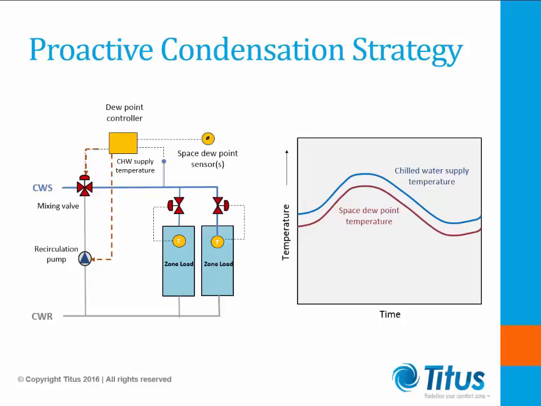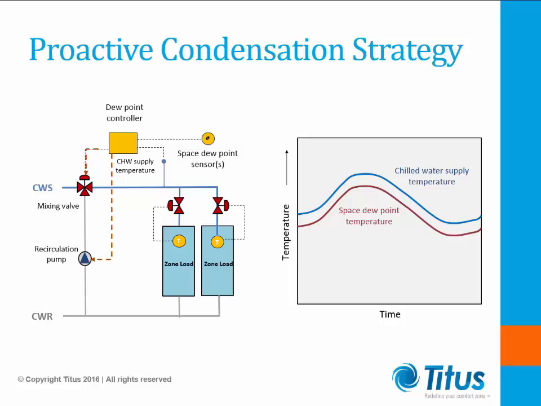This last proactive strategy involves, again, a dew point sensor in the space. Again, this should be located in a couple of key points on a floor or in a key point within multiple zones. With this strategy, what we're trying to do is have a constant offset between the space dew point temperature and the supply water temperature to the space.